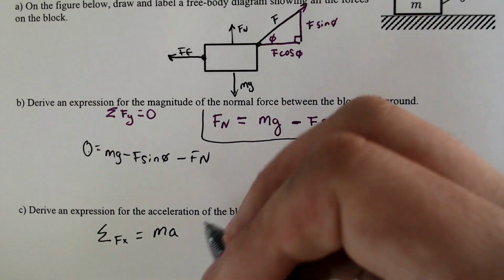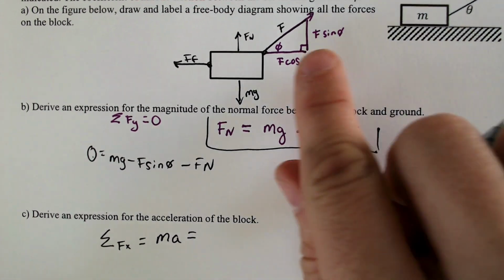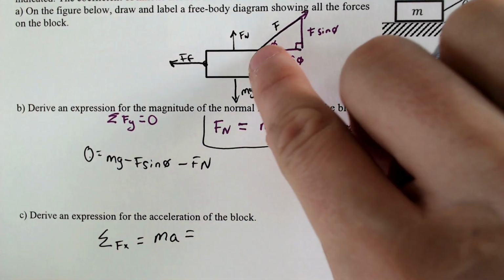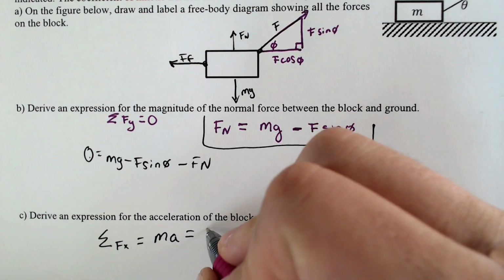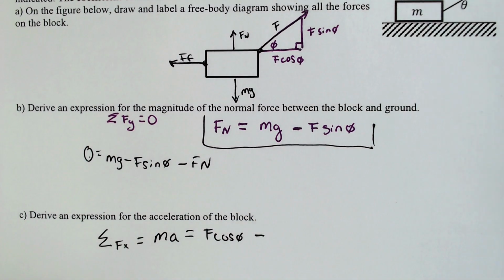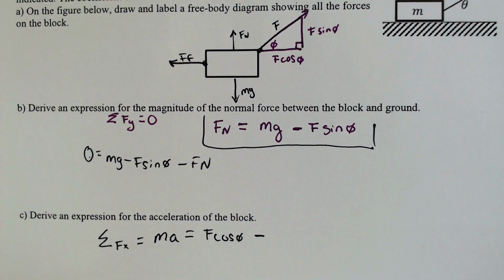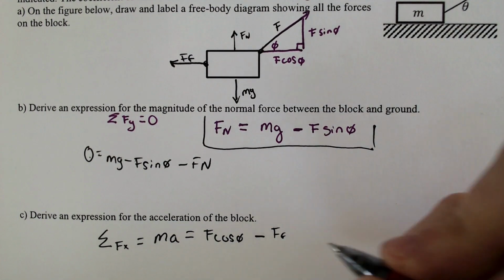Well, what would that be? That would be the horizontal force out of this tension in the wire. So this horizontal force is F cosine theta. But we need to subtract its force of friction. Well, what's the force of friction? That's the part we need to figure out.